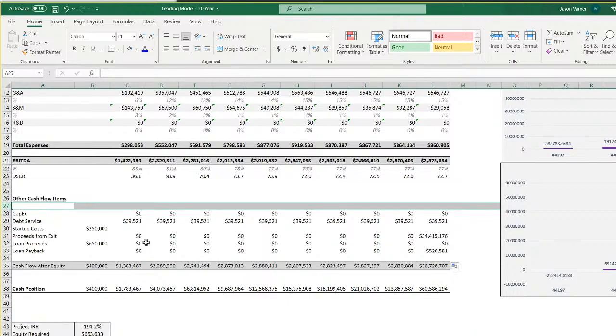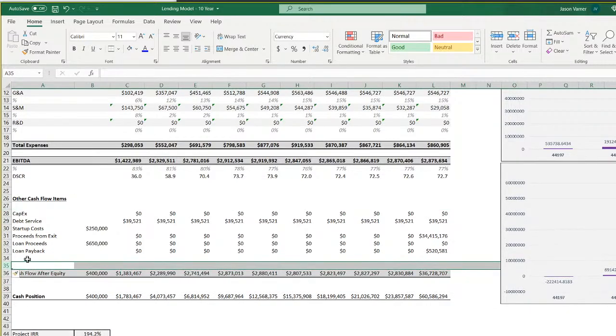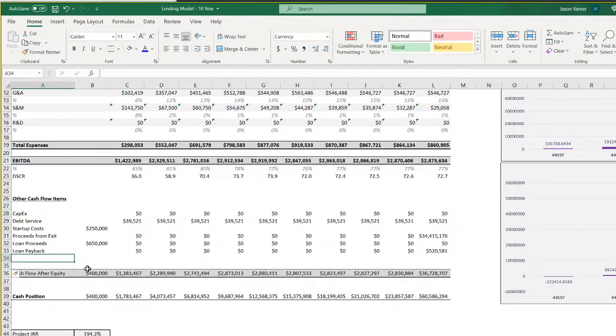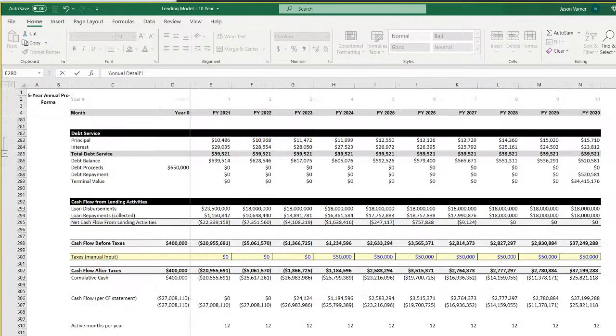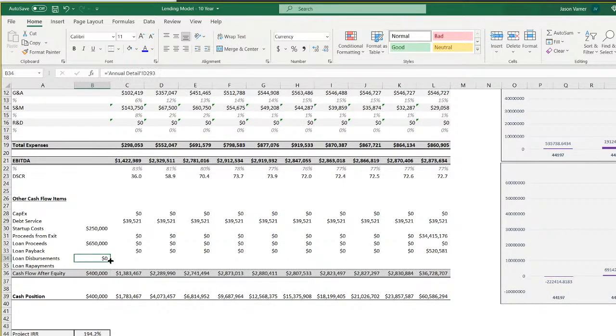What we don't have on here, what I'm going to put on here now, is loan, which is unique to this type of business: loan disbursements and loan repayments. This is money going out for loans, which we have here, and then collections.